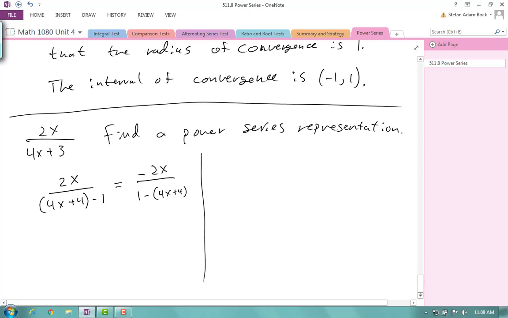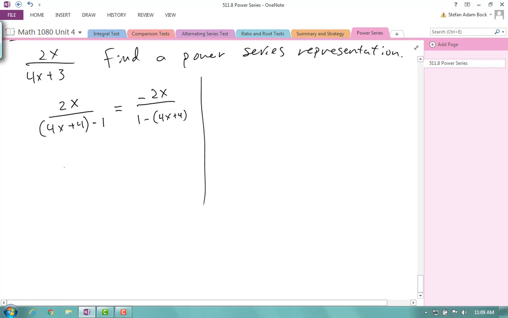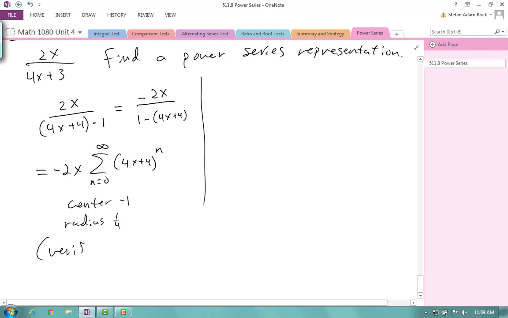And I can build a power series out of that, which looks like negative 2x times the series n equals 0 to infinity of 4x plus 4 to the n. Now this one has a center of negative 1, but it has a radius of only 1/4. I should add here, verify with root or ratio.